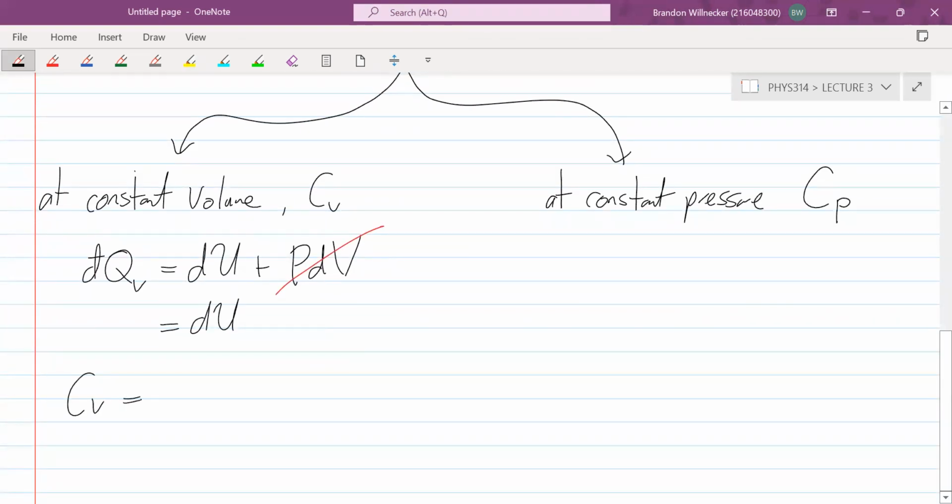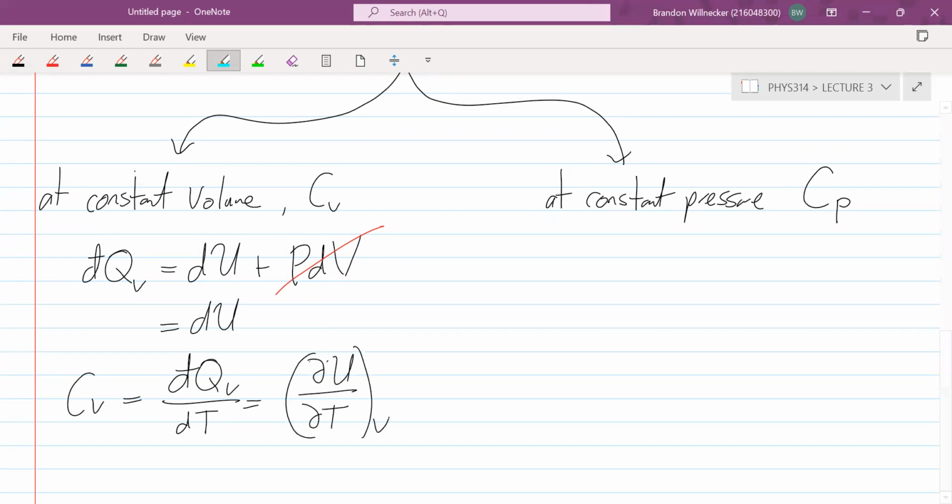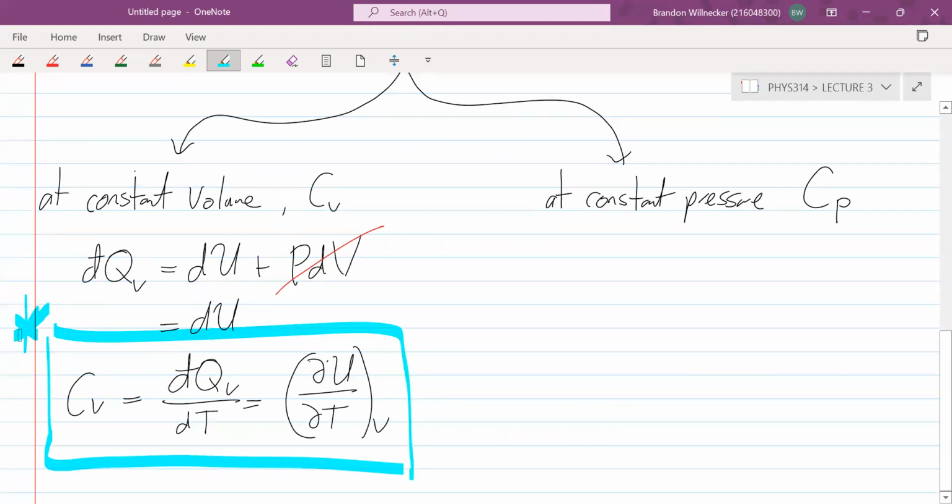Then C_V would be dQ at constant volume by dT. But dQ at constant volume is dU. So it's just going to be dU by dT at constant volume. And this is very, very important. We're going to see this quite a bit. Okay, so big star for that one.